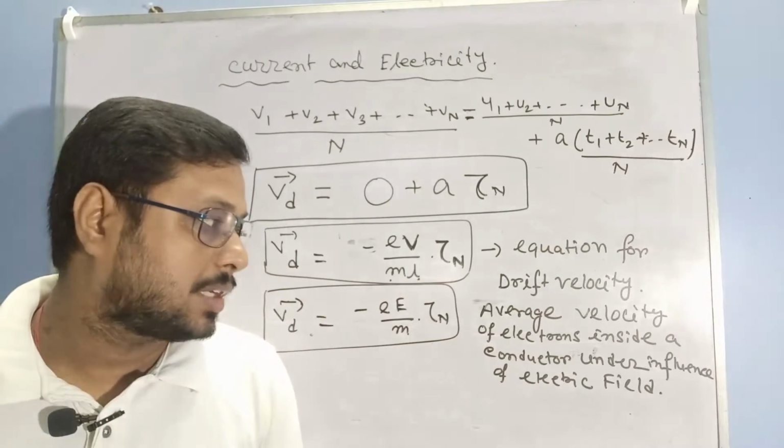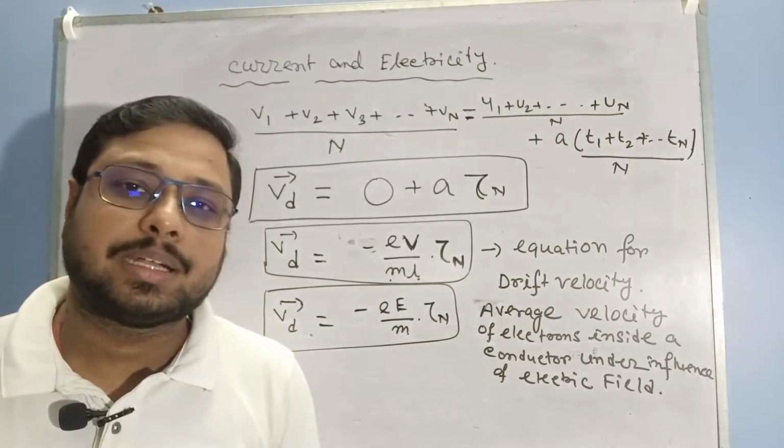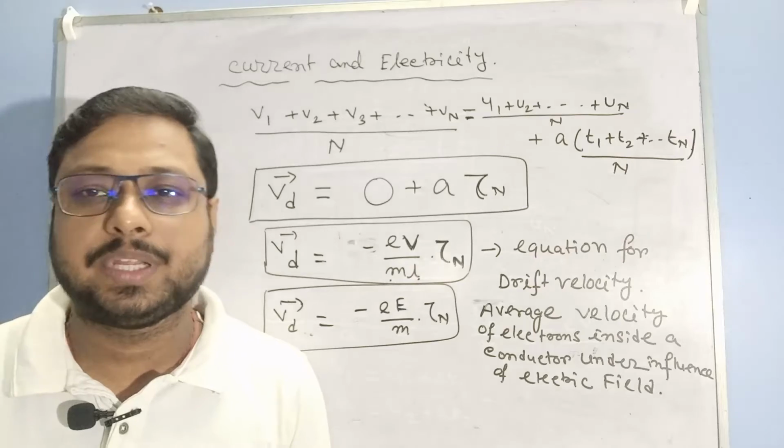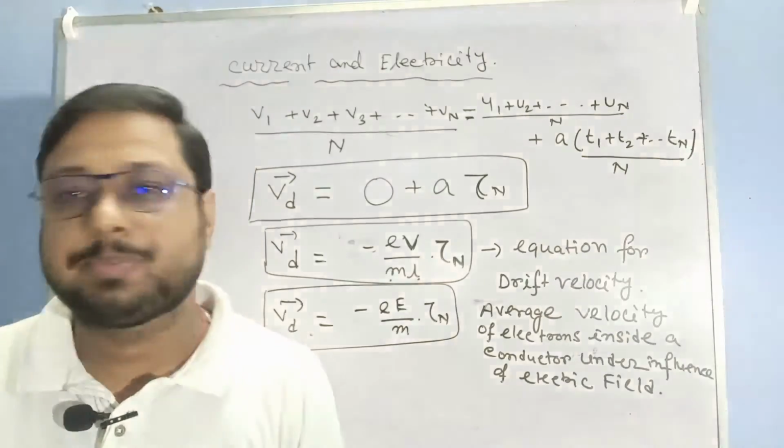The average velocity of electrons inside the conductor under the influence of an electric field is known as drift velocity.